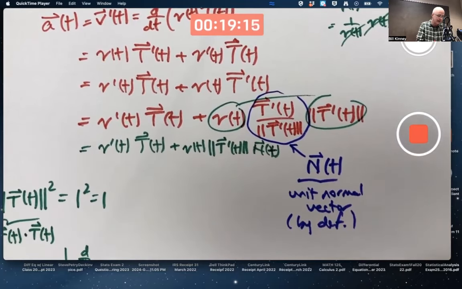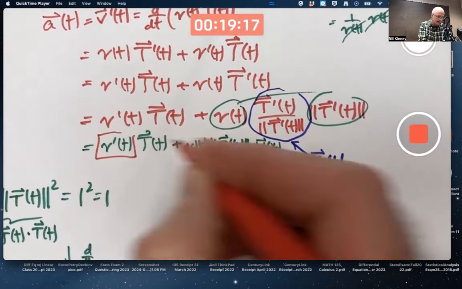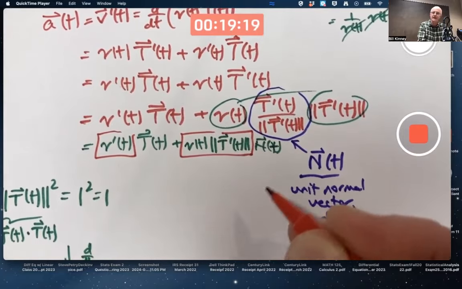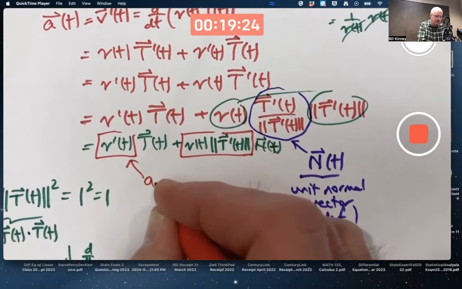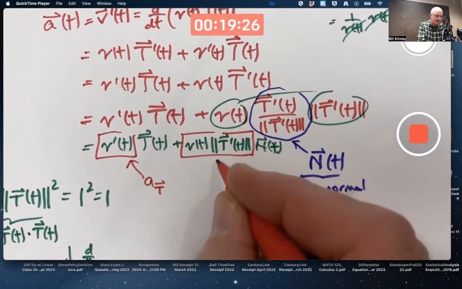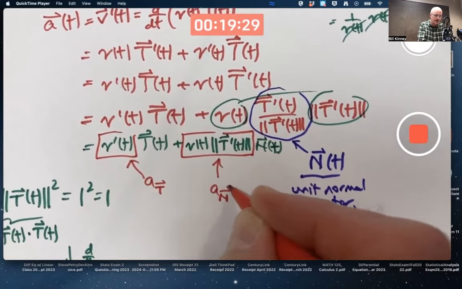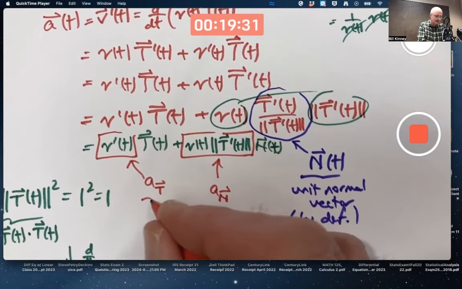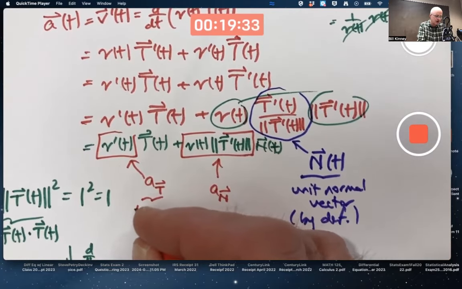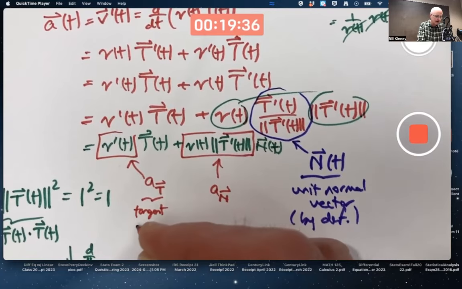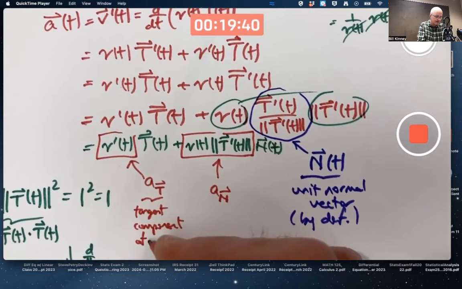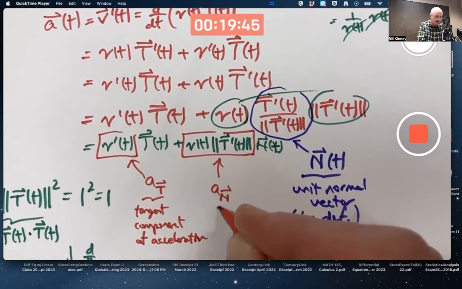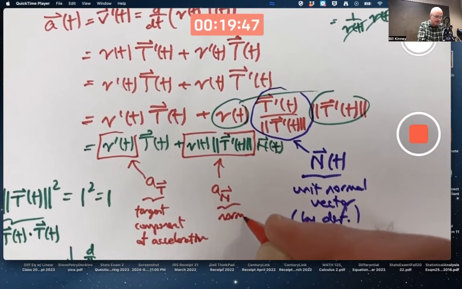And we give names to these things. The coefficients of capital T and capital N. This is called A sub capital T, and this is called A sub capital N. This is called, in words, the tangential component of acceleration, and this is called the normal component of acceleration.